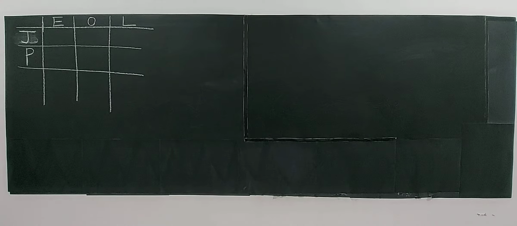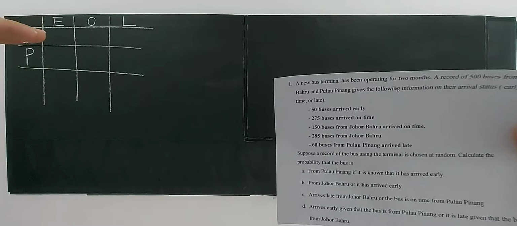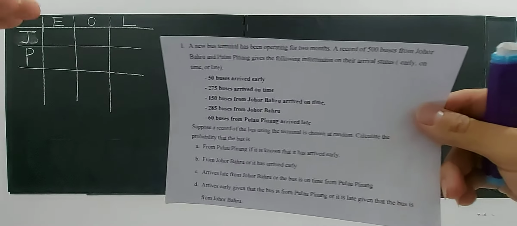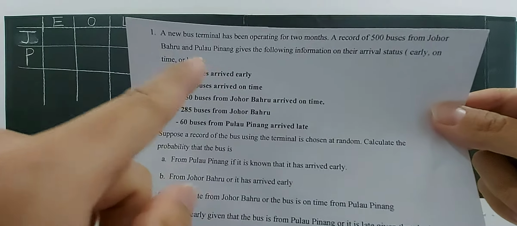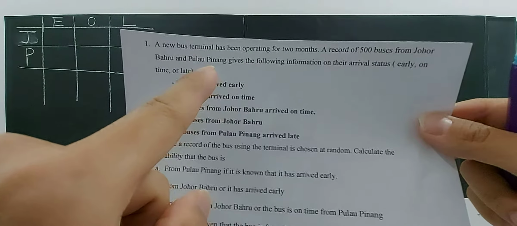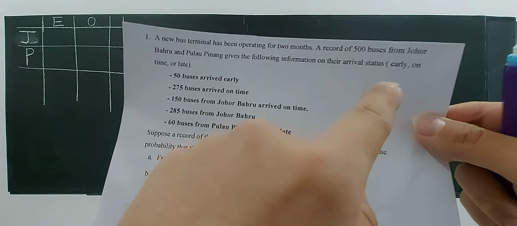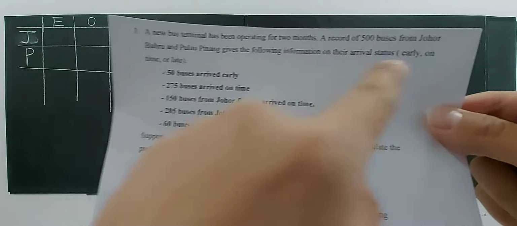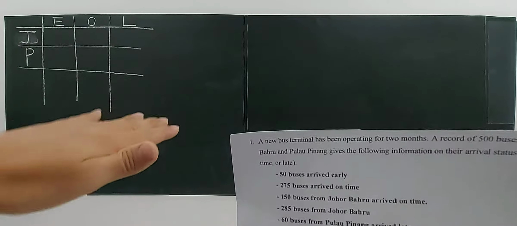How do we know that we have two rows? We see from the information here that it's from Johor Bahru and Pulau Penang, and it has three categories: either the bus is early, on time or late. Later on we construct the table.